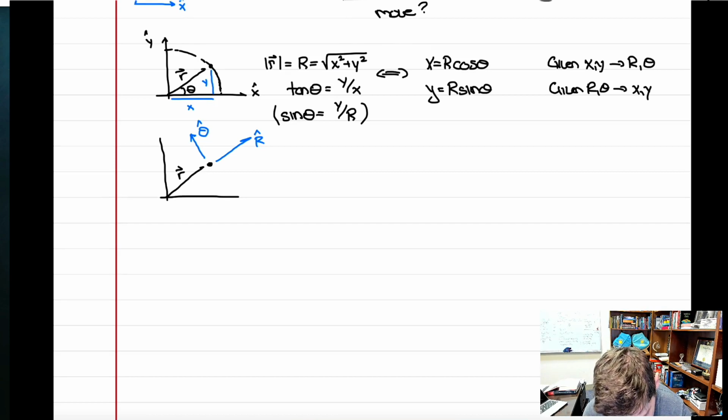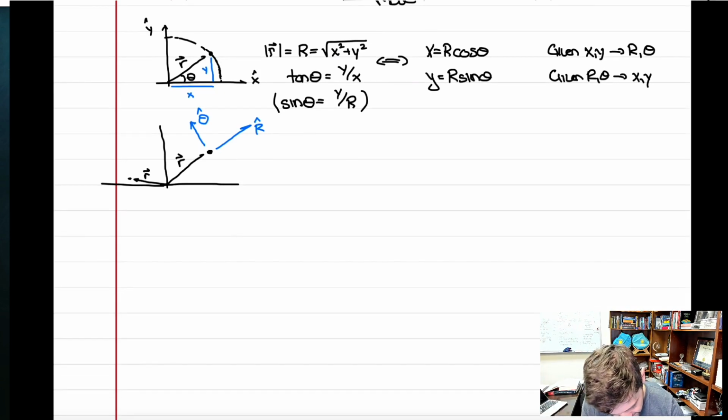Similarly, if the particle then relocates to, say, right here, this then is the position vector. In this case, if you imagine the thing rotating counterclockwise, this would be the positive direction away from the origin.